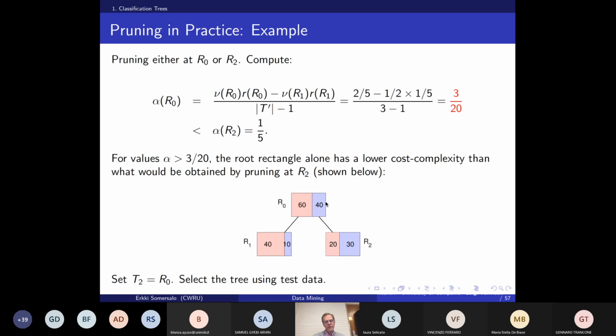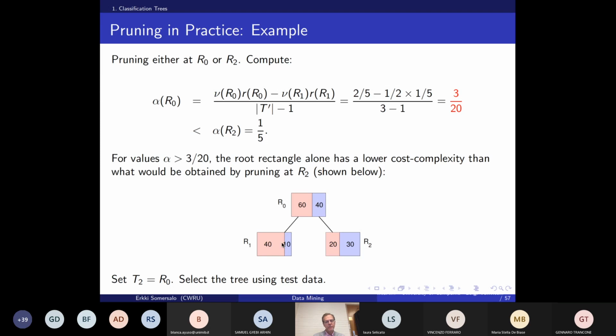So this tree that you see here, which is not one of the trees that I want, has more complexity than the tree that I get if I just prune by R0. But the classification quality of this tree is not justifying the use of this tree.